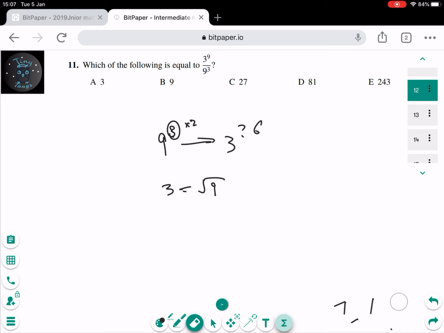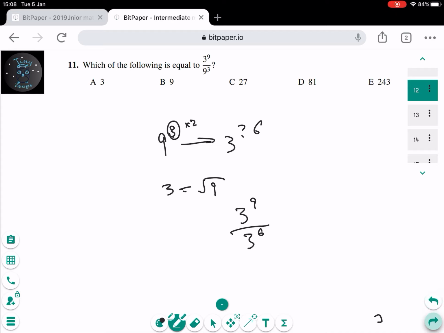So it's 3 to the power of 6. So we have 3 to the power of 9 over 3 to the power of 6, because that is equal to 9 to the power of 3.